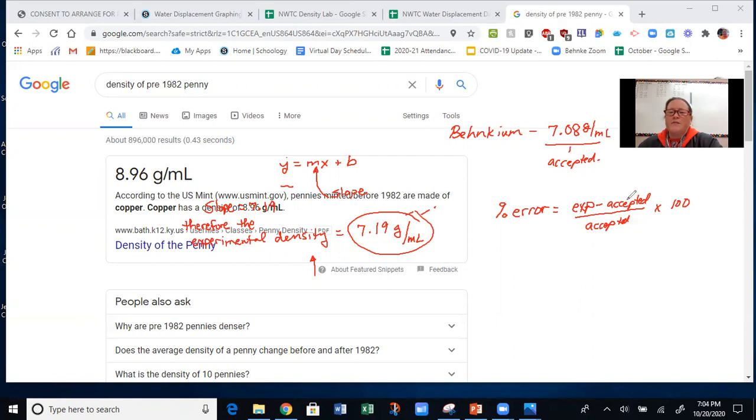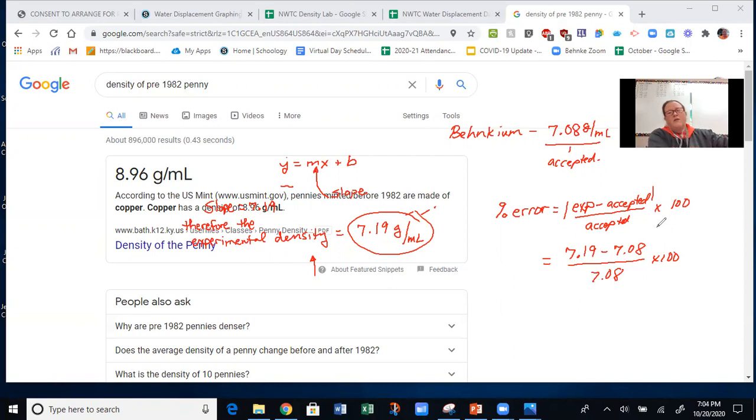Sometimes you'll see accepted minus experimental divided by accepted times 100, but it's always in an absolute value. So in this case, my experimental was 7.19 minus the accepted, 7.08, divided by the accepted, 7.08, times 100.